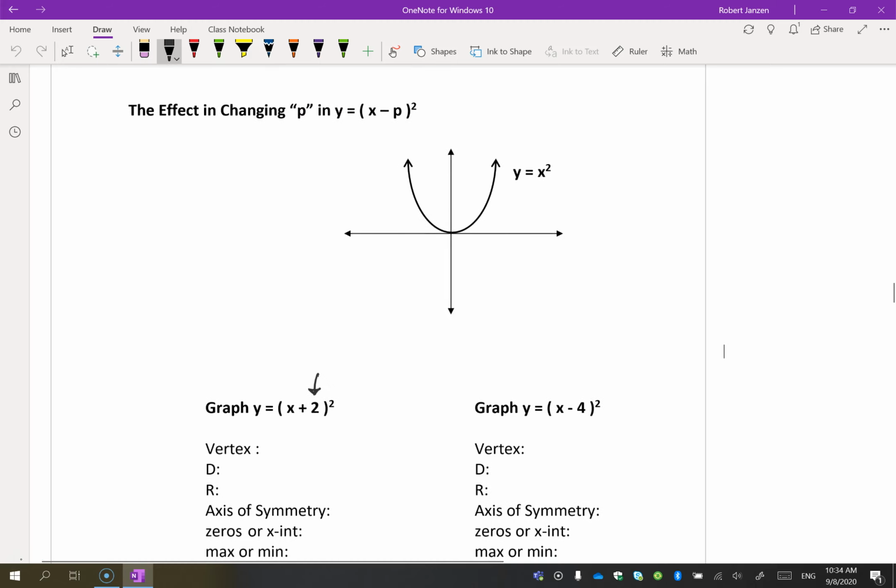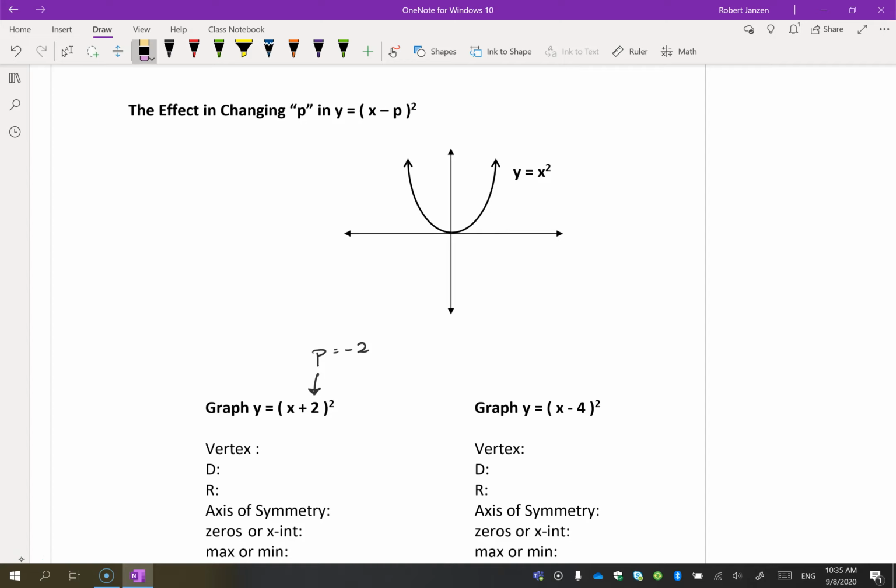First of all, let's take a look at what is the value of p here. Can you see that p is actually negative 2? If you put it into the equation x minus p, if you go x minus negative 2, it would become x plus 2.